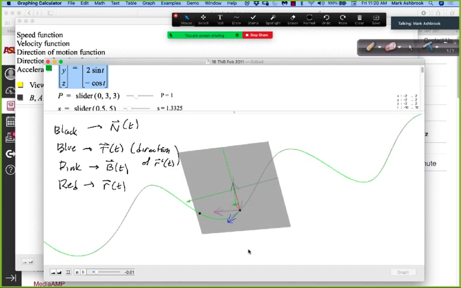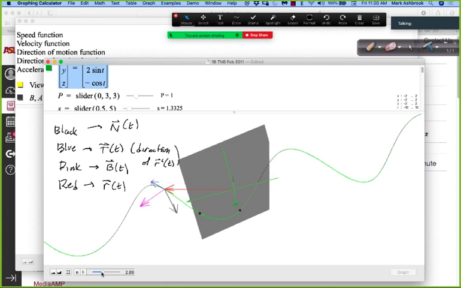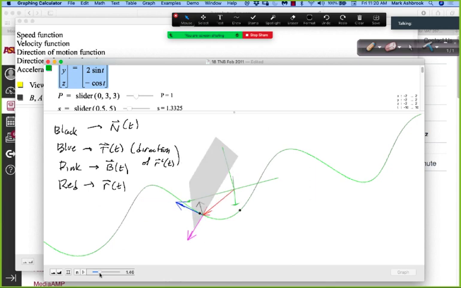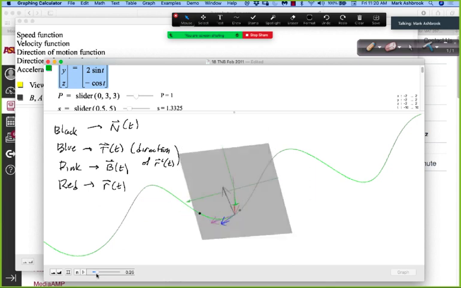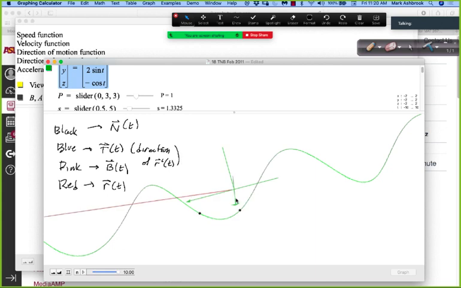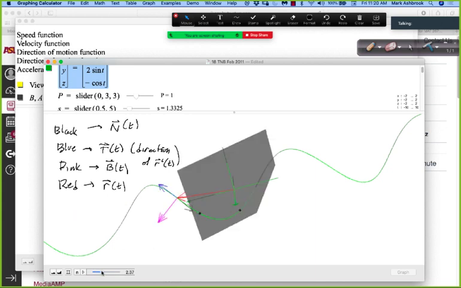The point in question on the curve, the position vector, is like the origin of this system, always. All three vectors originate from that origin, and all three planes go through or contain that origin. So this is the normal plane. Not the greatest view. Okay, other questions?